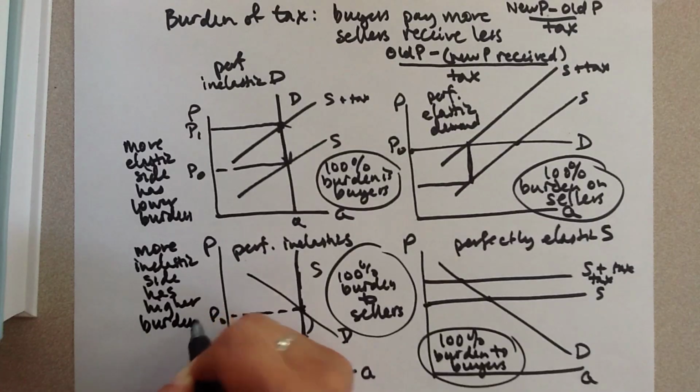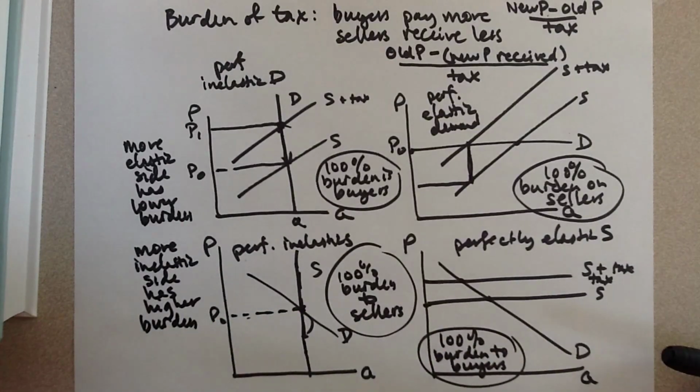So, knowing the elasticity of demand is really helpful to understand with more precision what's going to happen in a market when prices change, what will happen to quantities, what will happen to total revenues, and now we can see that it helps us understand what will happen when a tax is imposed.